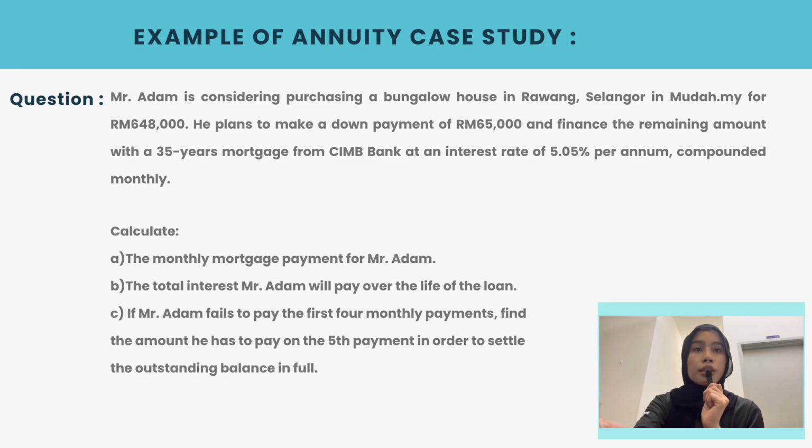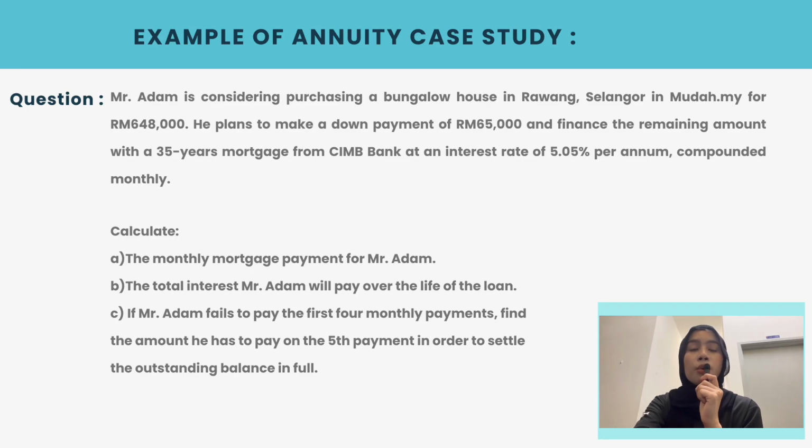Example of an annuity case study. The question is about Mr. Adam, who is considering purchasing a bungalow house in Rawang, Selangor, listed on Mudah.my for RM648,000. He plans to make a down payment of 65,000 ringgit and finance the remaining amount with a 35-year mortgage from CIMB Bank at an interest rate of 5.05% per annum compounded monthly.